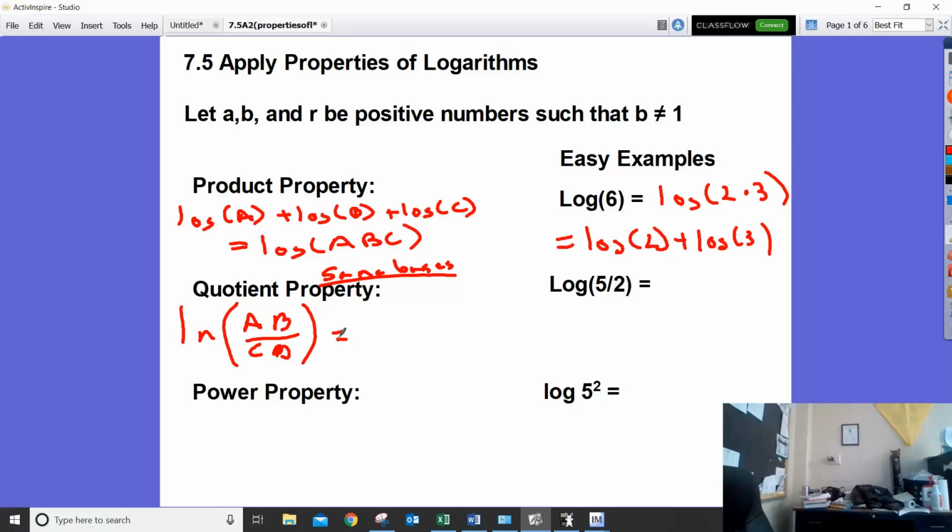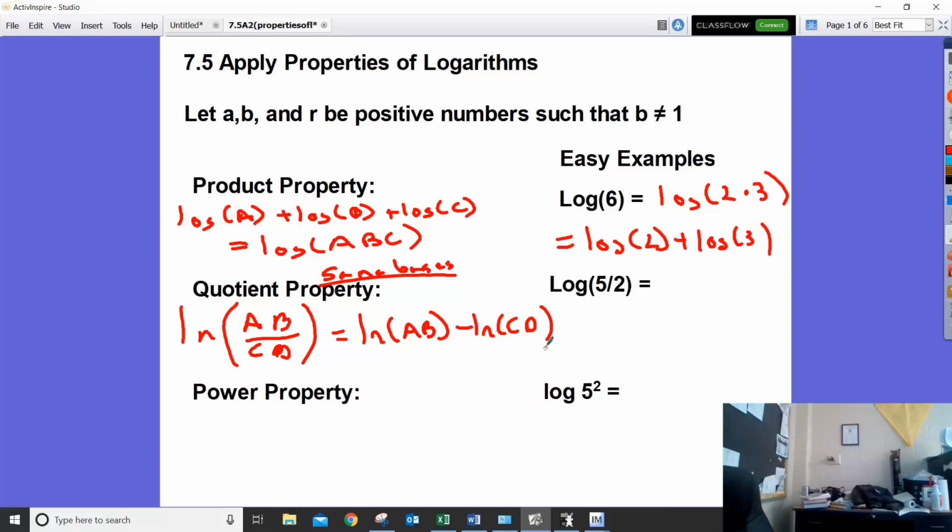Now that is equivalent to the natural log of AB minus the natural log of CD. Think about when we're working with exponents. When we divided like terms, when we do the exponential space, we subtracted, didn't we? So it's kind of the same rule of logarithms.